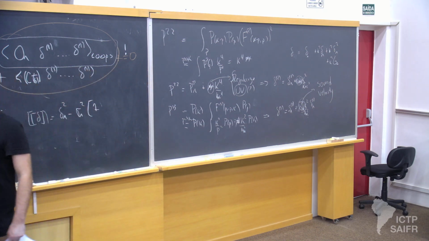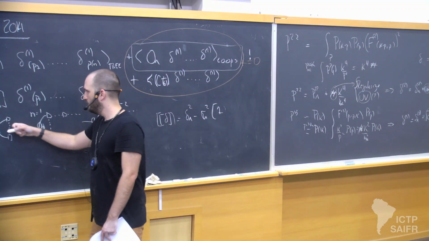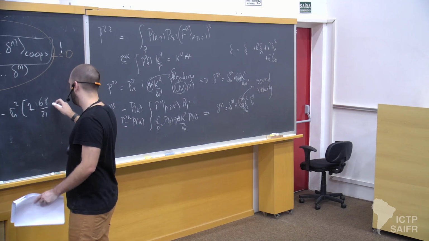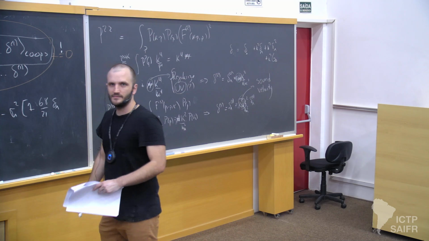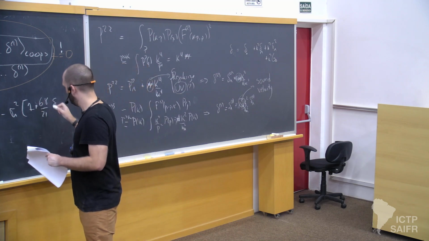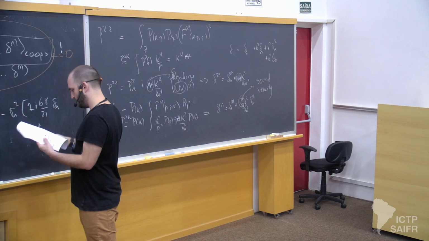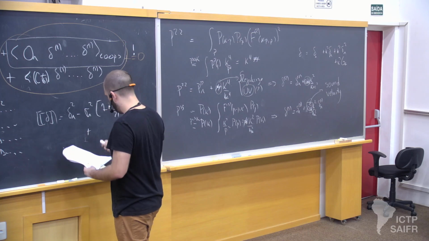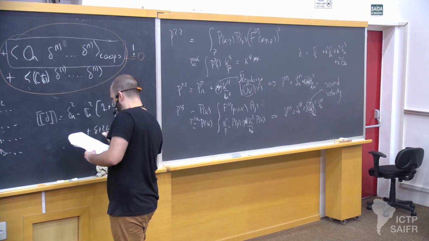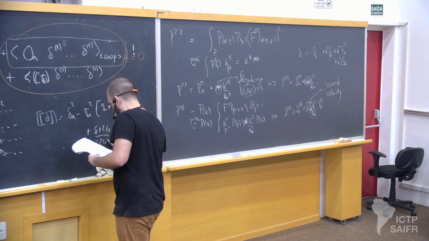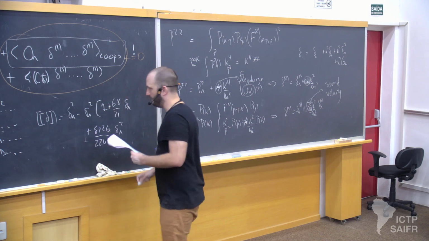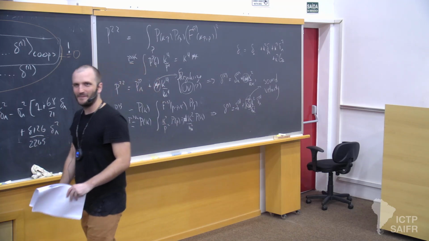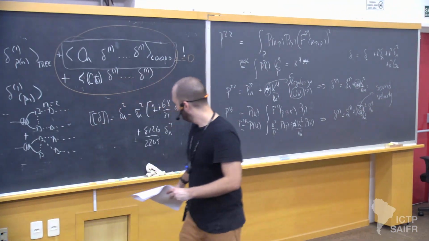The 1 comes from this diagram here that doesn't depend on any other operator, plus 68/21, which is a magic number, times delta of lambda, plus 8126/2205 delta square of lambda. 8126/2205, magic numbers. This is very important to copy.